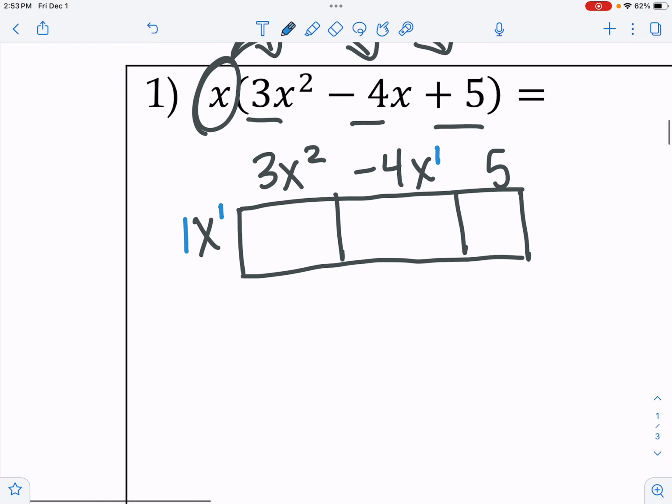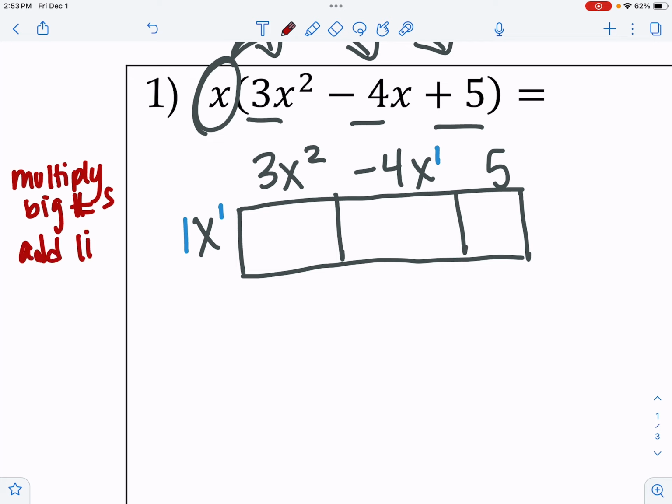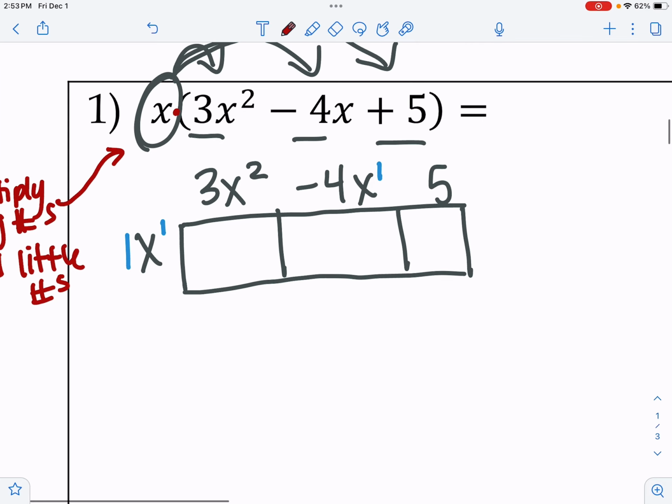Okay, and so now we're right back to what we were doing with our exponent rules, and that's multiply big numbers, add little numbers. Anytime you're multiplying like we are here, you multiply big numbers, add little numbers. And so to fill in the boxes here, 1 times 3 is 3, and then 1 plus 2 would give us x3.